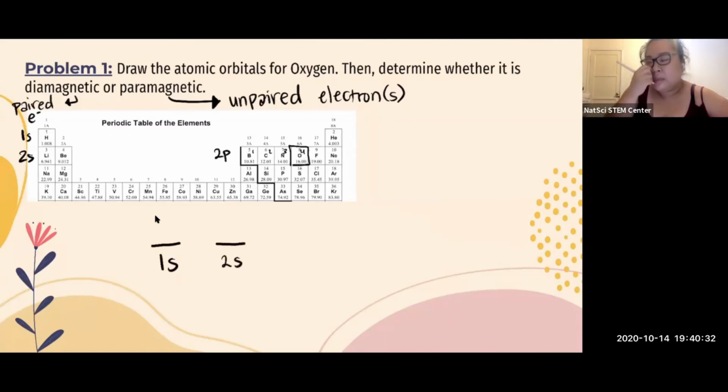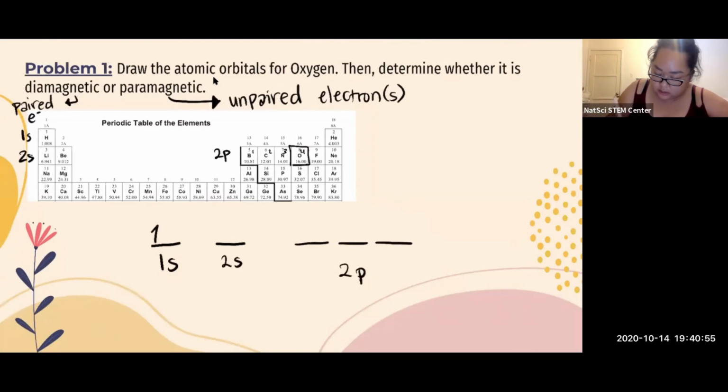When you're doing these, you can do them in a line unless your professor specifies they want it on the scale. Usually they'll just say, list them all out. So 1s, 2s, and then you have your 2p. 2p is all 3 of these.